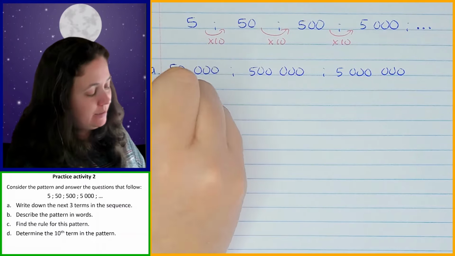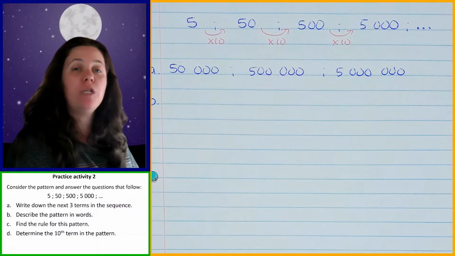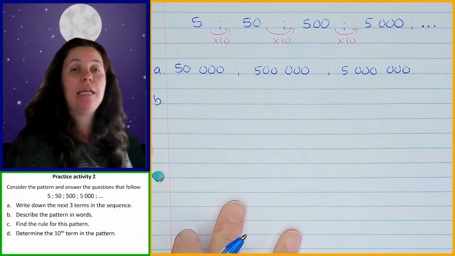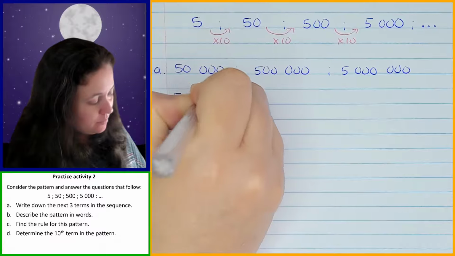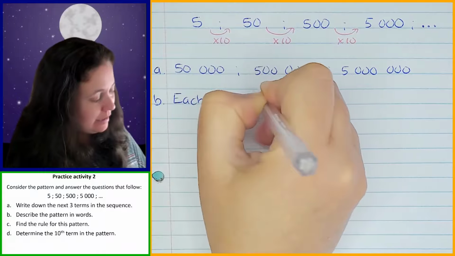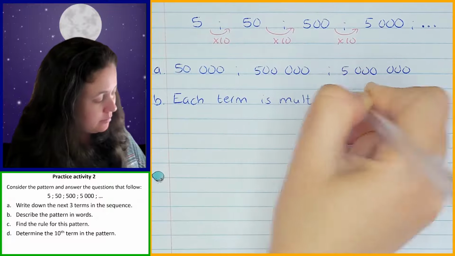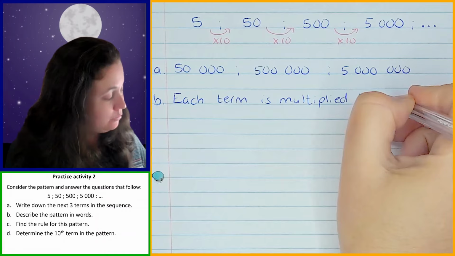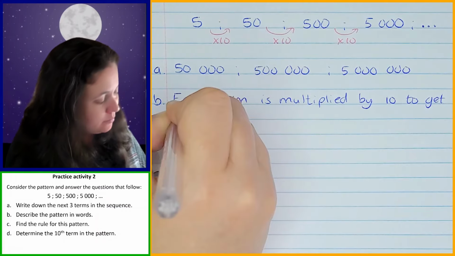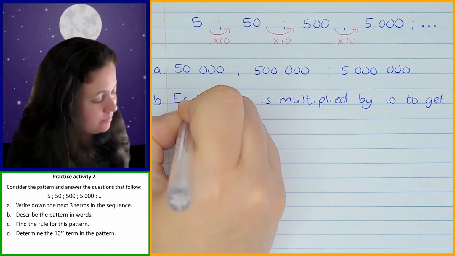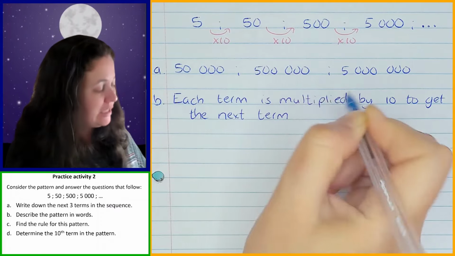Right, then question B, we have to describe the pattern in words. Once again, we're going to start off by saying what we are doing to get from one term to the next. We need to multiply, in this case, by 10. So each term is multiplied by 10, which is our constant ratio, to get the next term.